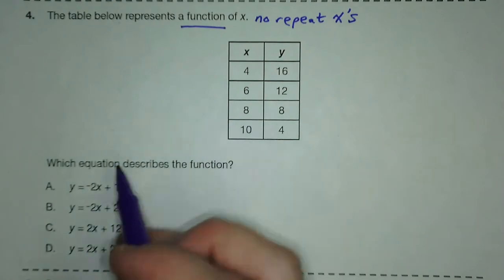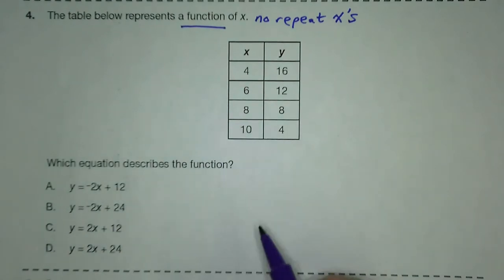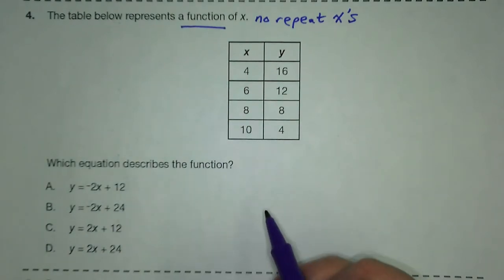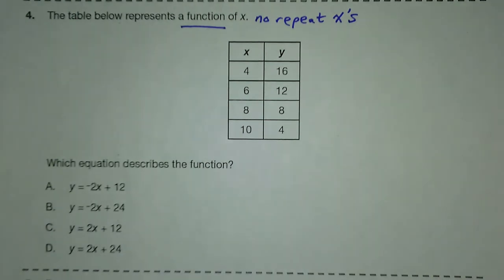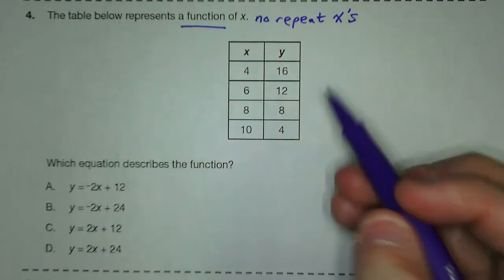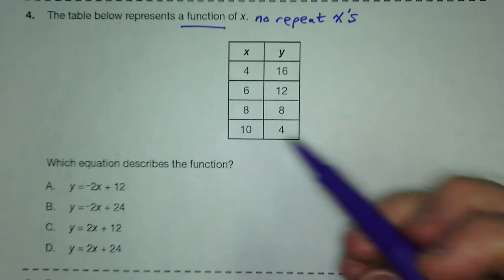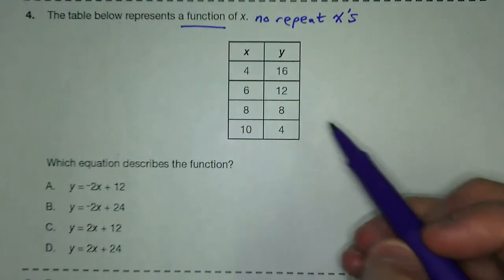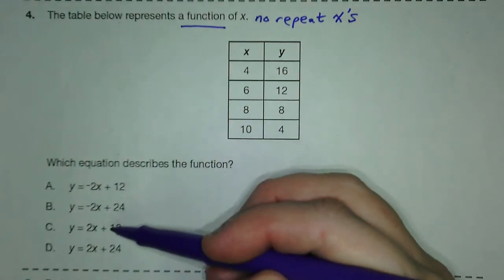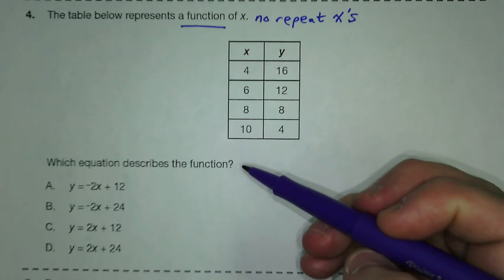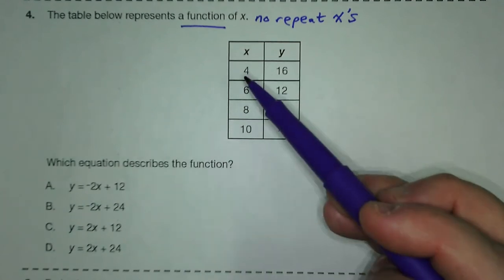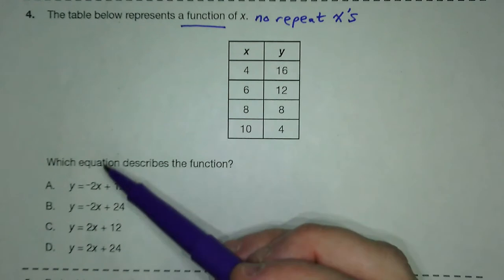Okay. Well, you notice how all of these are written like y equals mx plus b. Now, before I go into that a little bit further, you could theoretically just check whether each answer is correct, because x is 4, y is 16.